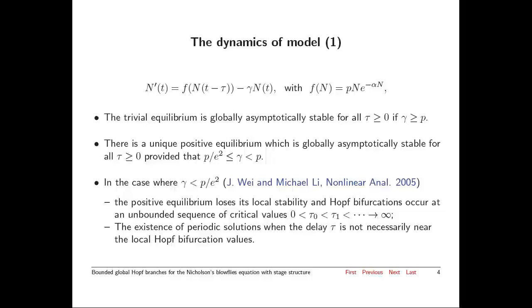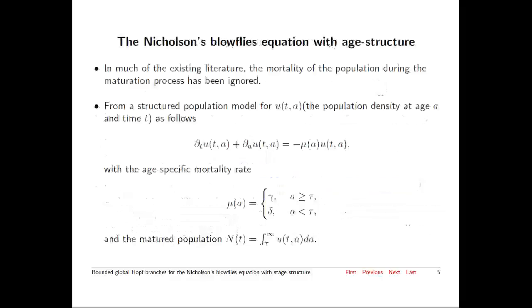But we can see for this basic model, Gurney does not ignore the maturation of the population during the maturation process. So we incorporate the maturation of the population during the maturation process, and we use a PDE model, an age-structured, stage-structured PDE model.